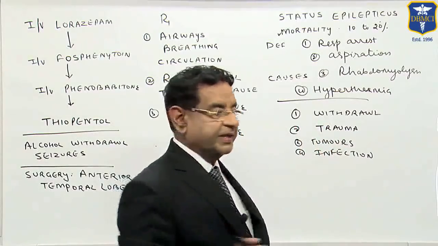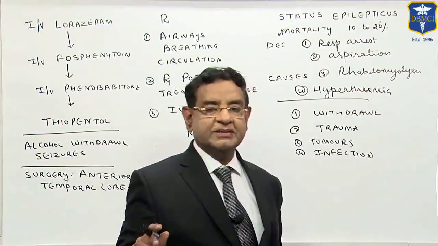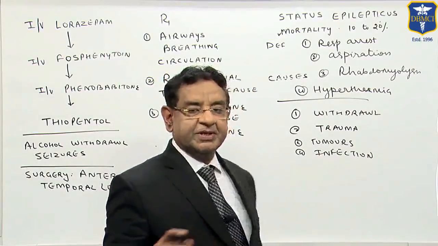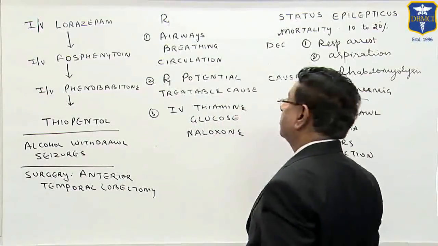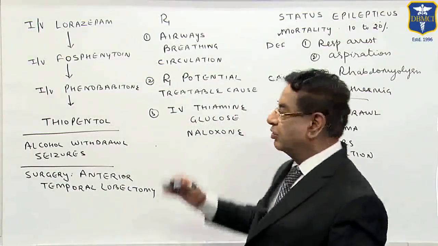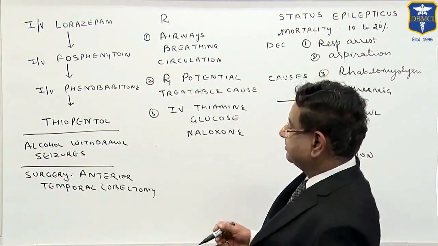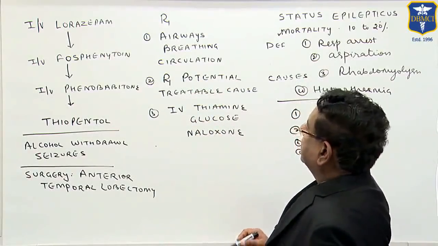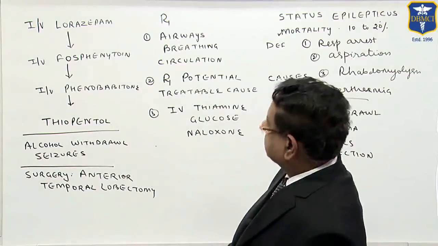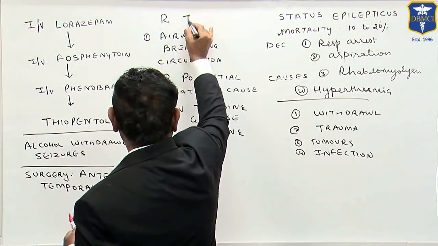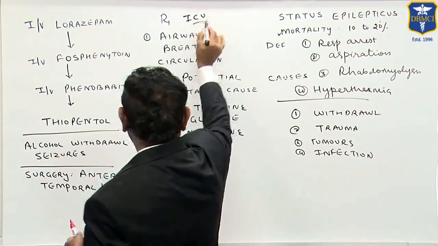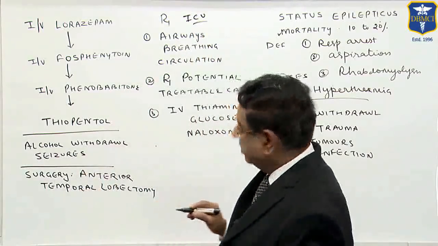Now, how to manage? Remember, status epilepticus is a medical emergency. The patient should be treated in intensive care. So again, you note this down or you can take the printout. The first thing is the patient should be managed in the neurology intensive care.